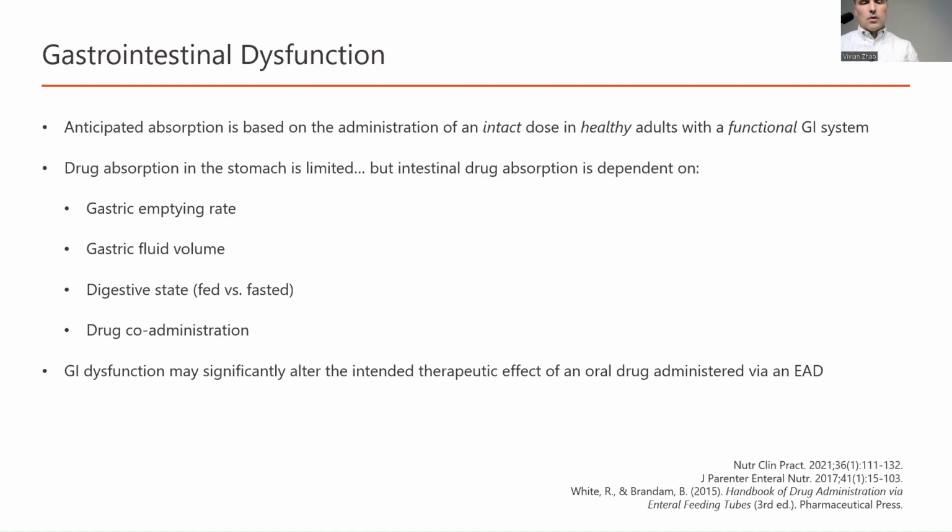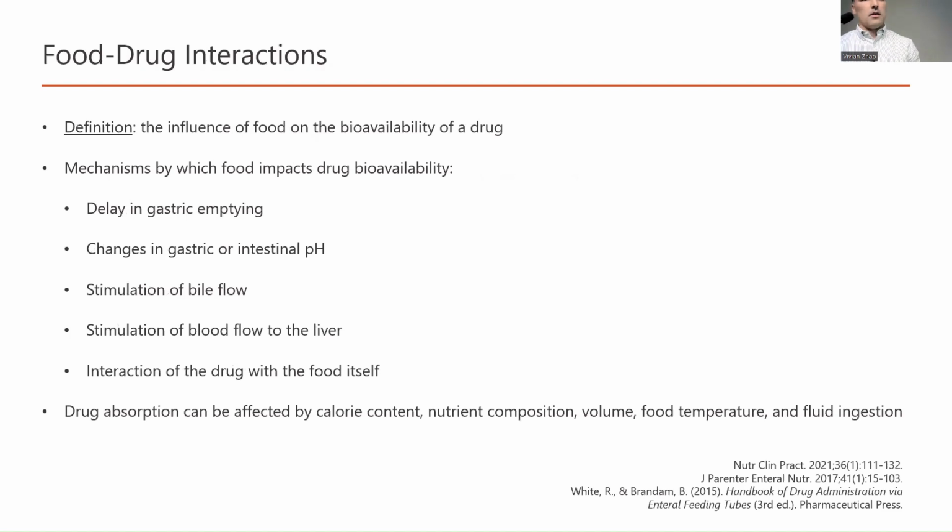We have gastric fluid volume, whether you're in the fed or the fasted state, as well as drug co-administration. GI dysfunction may significantly change the intended therapeutic effect of an oral drug administered via an enteral access device. So it's important that we keep that in mind.